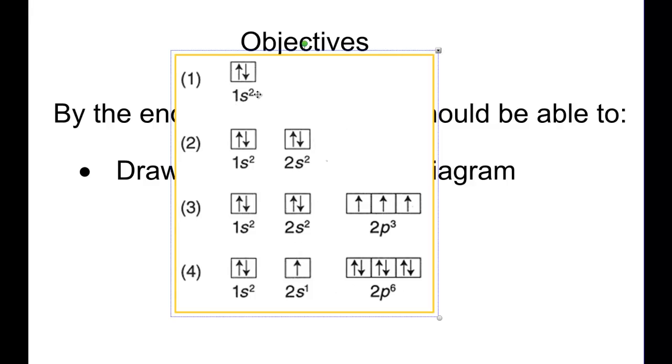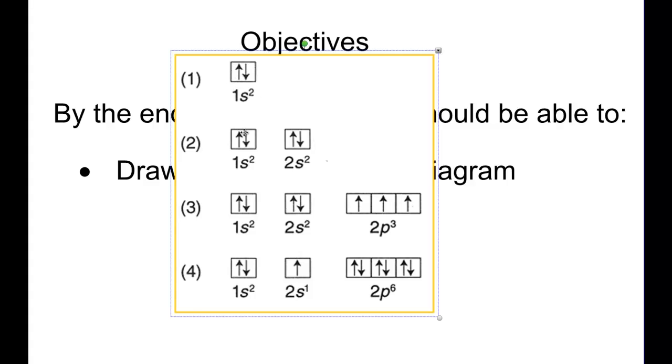So for example, if we look at 1s2, which would be helium, it has 2 electrons, one spinning up and one spinning down. Okay, so electrons have opposite spins. We covered that in one of the early lectures about electrons.